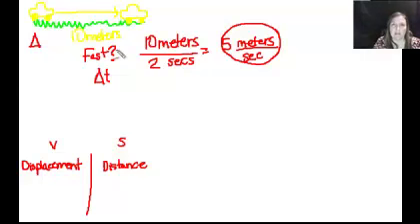You've only been given a magnitude of how fast it moved, and so that's a scalar quantity. The scalar quantity for how fast something moves is known as speed.